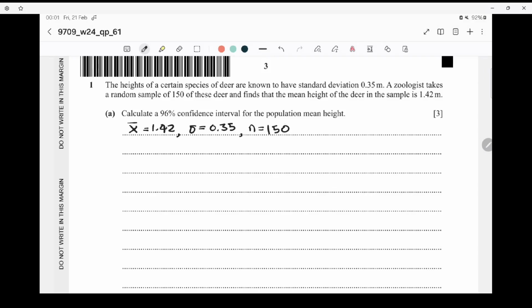In order to calculate the confidence interval, you need to figure out the value of C first. So you start by finding the probability of Z between minus C and C, and that is 0.96.